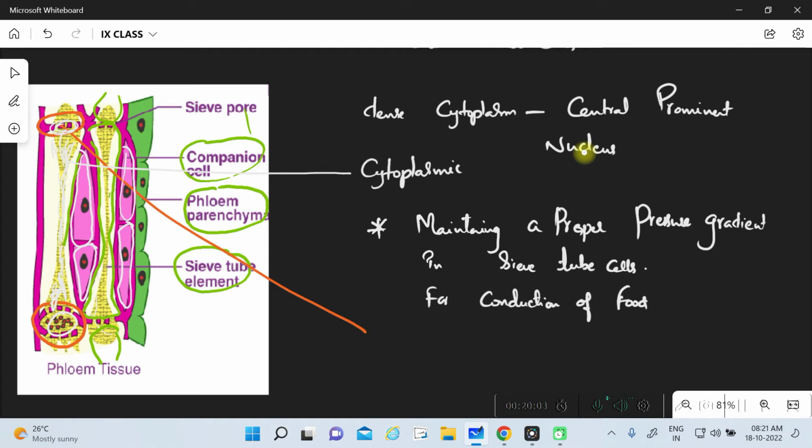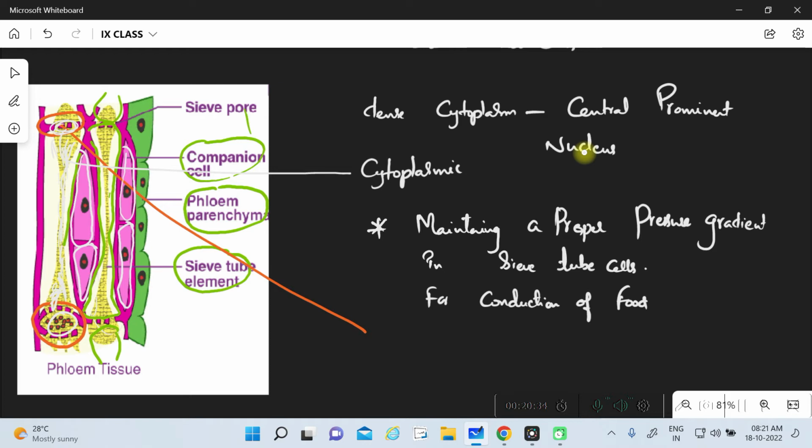Now here, as I mentioned, the sieve tube cells are living. But the thing is, they don't have a nucleus. The nucleus is removed from the sieve tube cell. We consider it as living because the activities of the sieve tube cells are controlled by the nucleus of companion cells, as these two different elements are formed from the same mother cell.